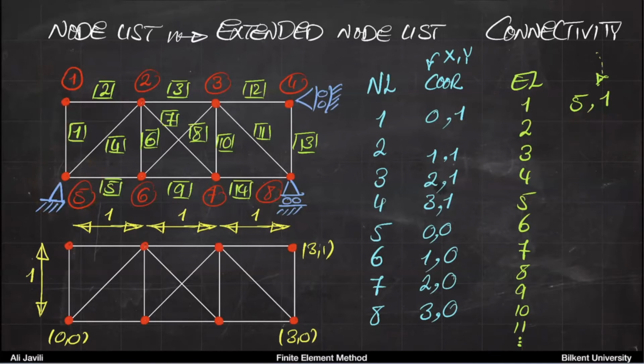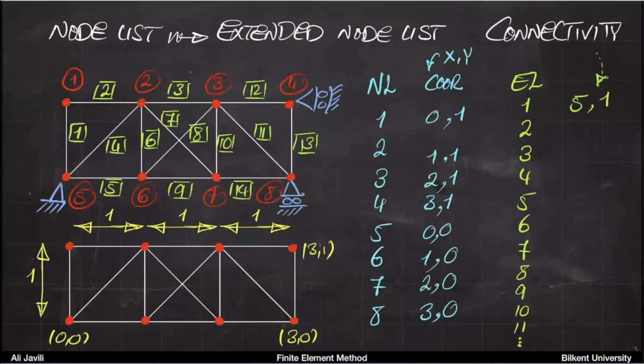These are the global numbers. Everything is global at this level. Inside each element, they know their local ordering, but everything is global at this level. So that is 5, 1. Element 2 is between nodes 1 and 2, so I write 1 and 2. Element 3 is between 2 and 3. Element 4 is between 5 and 2.